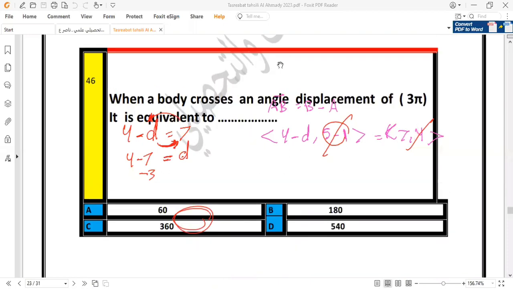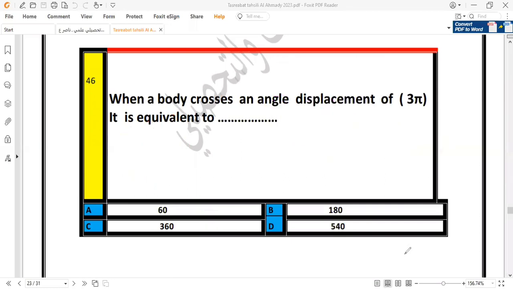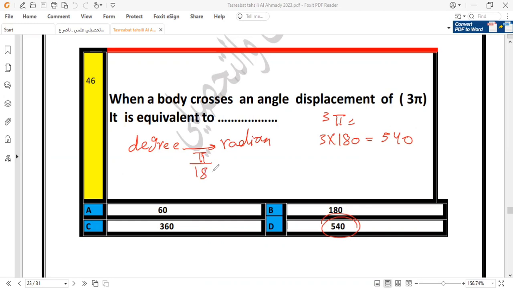Number 46. When a body crosses an angular displacement of 3 pi, it's equivalent to what? Pi equals 180. So 3 pi equals 3 times 180, which equals 540. To convert from degrees to radians, multiply by pi over 180.